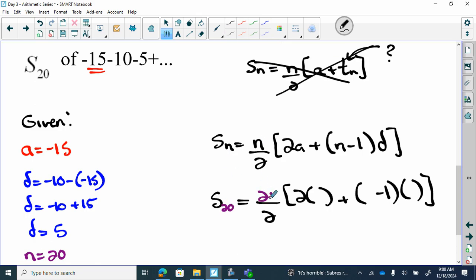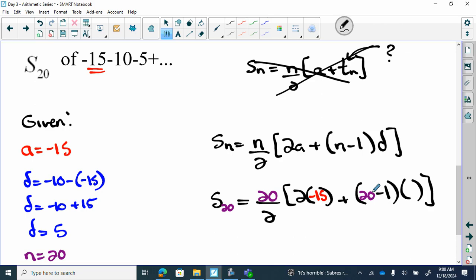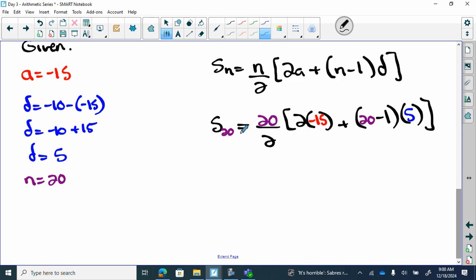This n is becoming a 20. A, negative 15. Another 20 going here. And then the common difference, 5. S20 is going to equal 10. And then in the bracket, I'm going to have negative 30 plus 19 times 5. That would be 50 and 45, 95.